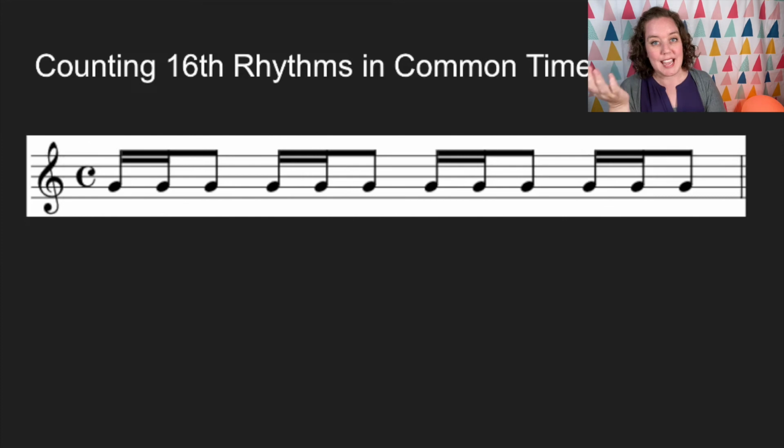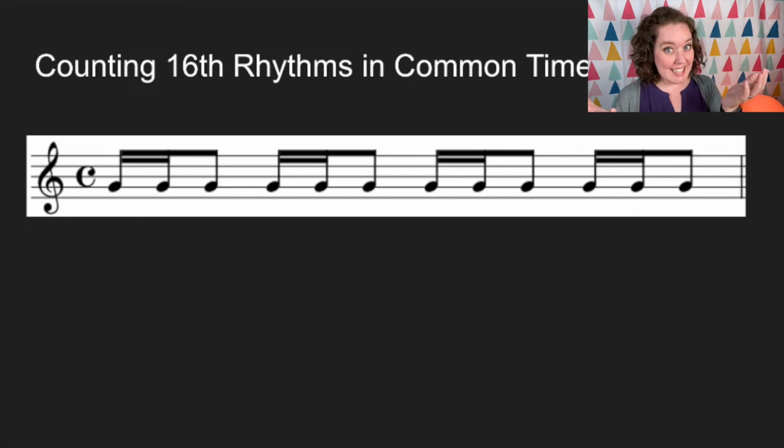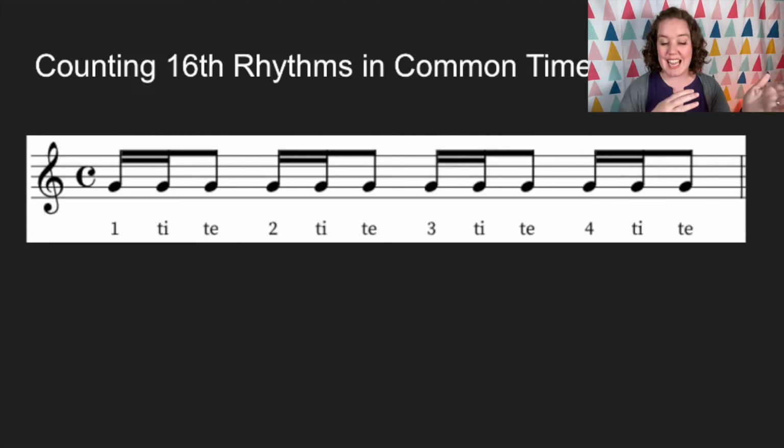I have students who say te or and, and I have students who say ta or a, and the answer is, it's the te or and, because if you're thinking about 1 T, te, ta, that te is landing where that 8th note is, and then it's holding through that last 16th of ta. So this would be 1 E and, 2 E and, 3 E and, 4 E and, or 1 T, te, 2 T, te, 3 T, te, 4 T, te.